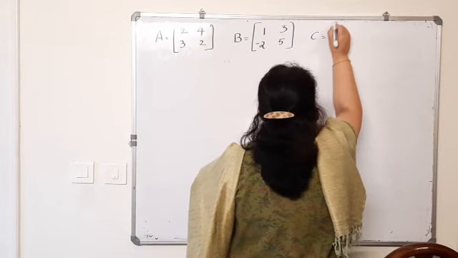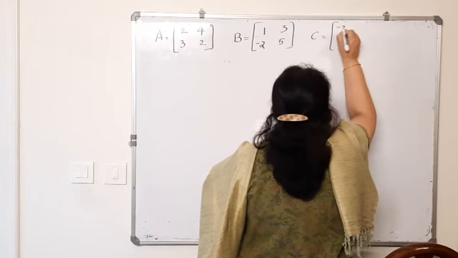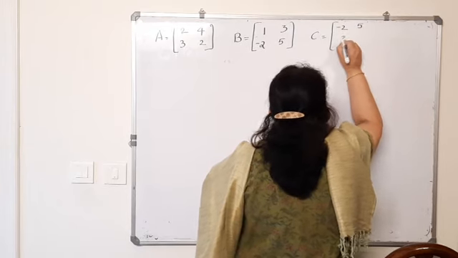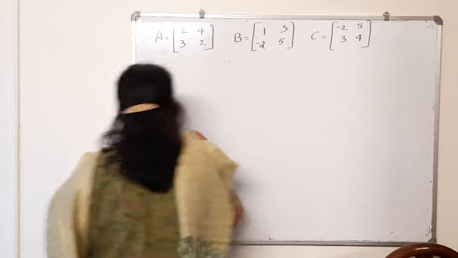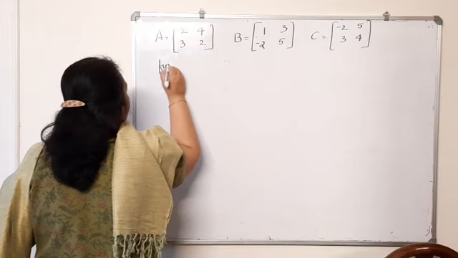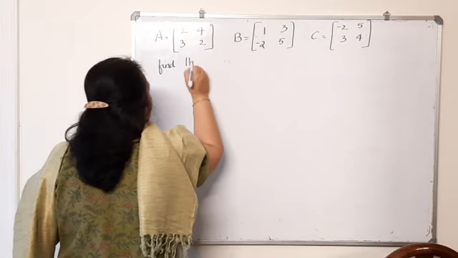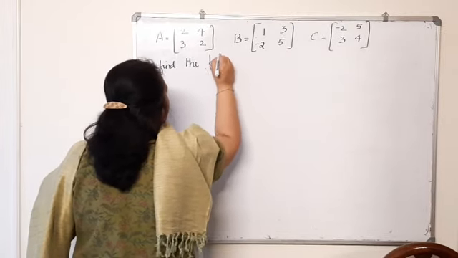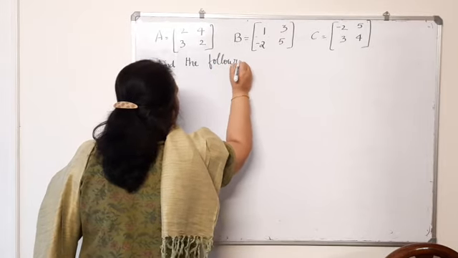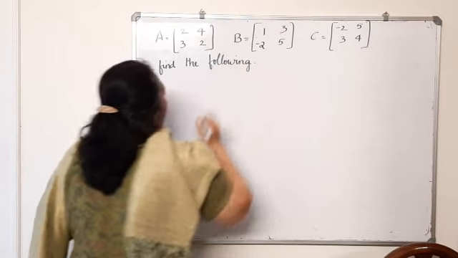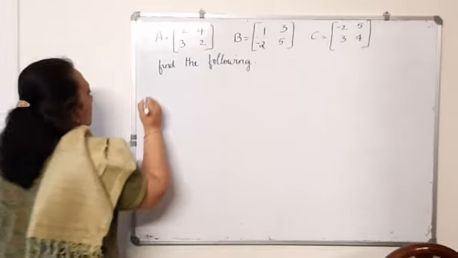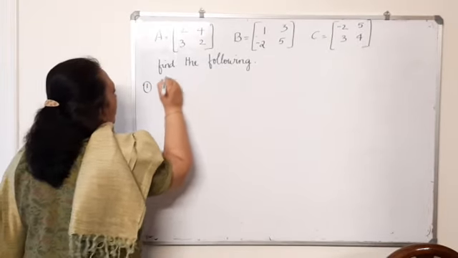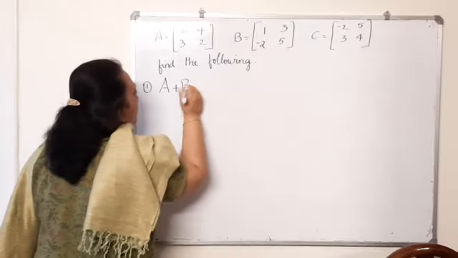C is equal to [−2, 5; 3, 4]. Find the following. What are the questions? First question, A plus B.